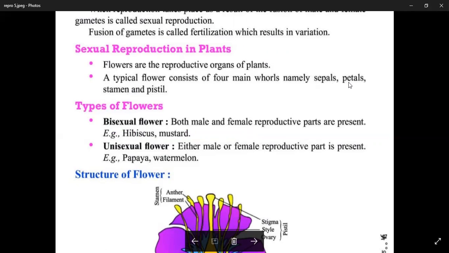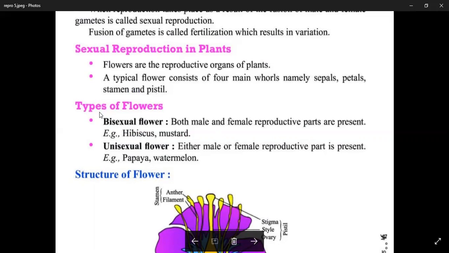Petals are colorful and they attract insects because they contain nectar and fragrance. Stamen is the male reproductive part, while the pistil is the female reproductive part.